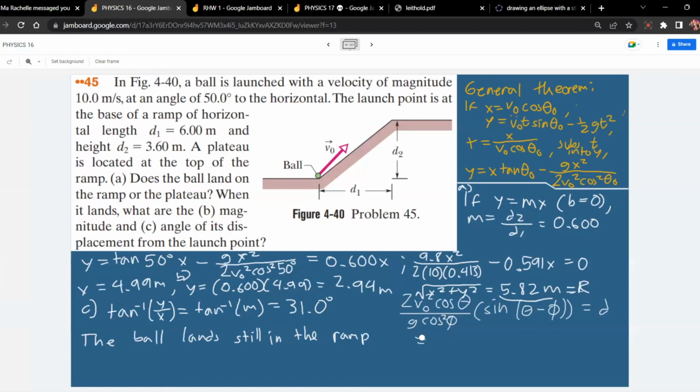0.8 cosine squared of 50 minus 30.96. So 31. So yung distance up the ramp is, nung kinalculate mo yung distance up the ramp using that formula, ano lumalabas?